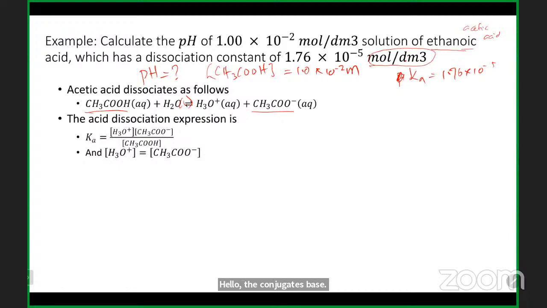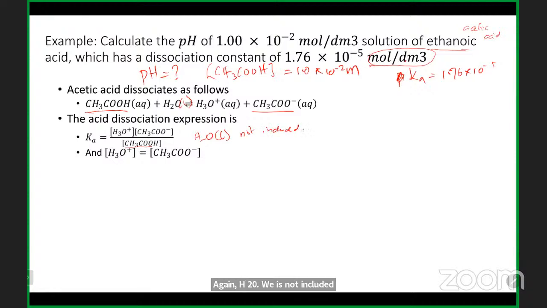The equilibrium constant, which is the dissociation constant, has the formula CH3COO minus times H3O plus over CH3COOH. Again, H2O liquid is not included.